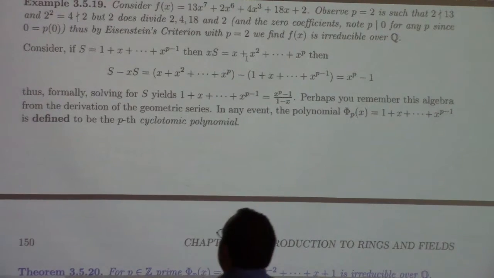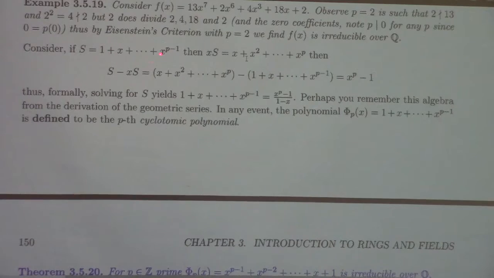If you look at s equal to 1 plus x plus and so on plus x to the p minus 1, and then I multiply by x, I get that, right? So then if you take the difference of s and x times s, you get lots of canceling, right? The x's cancel, the x squareds cancel. Only 1 and x to the p survive, right?